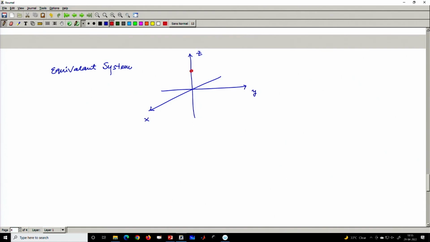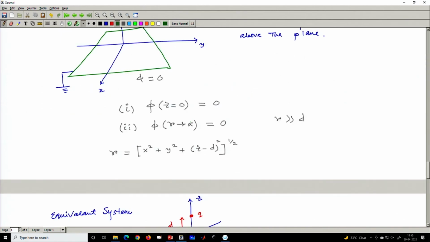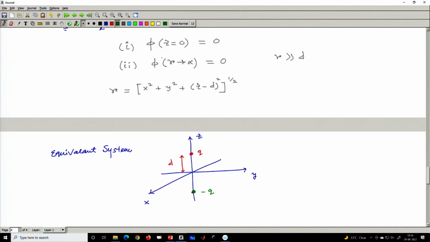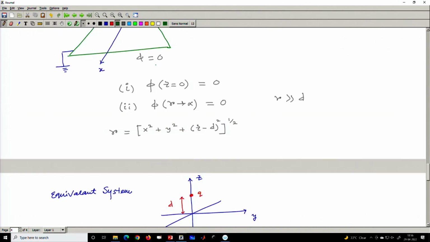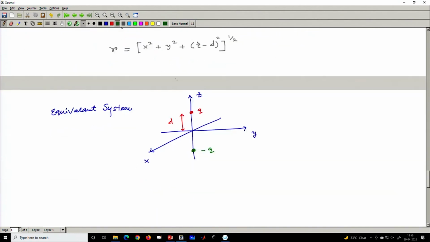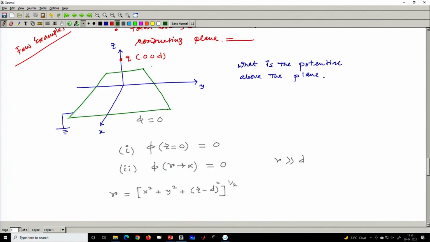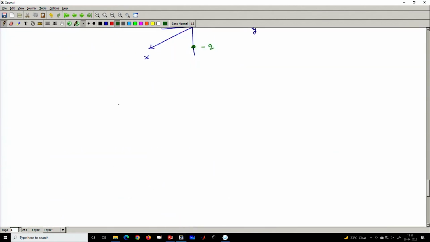Already this charge is placed here at a distance of d. The equivalent system says let us consider an equivalent charge here in the opposite direction with minus q. This system satisfies all the boundary conditions that are given, and for this equivalent system, the potential I find should be the same as for the original system. So, let us do that.